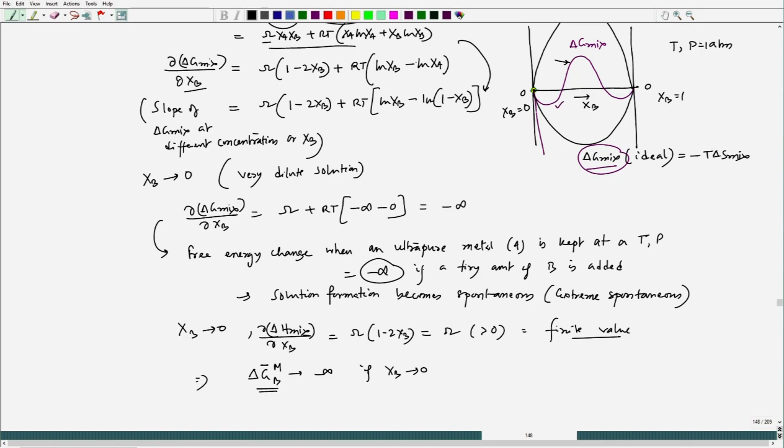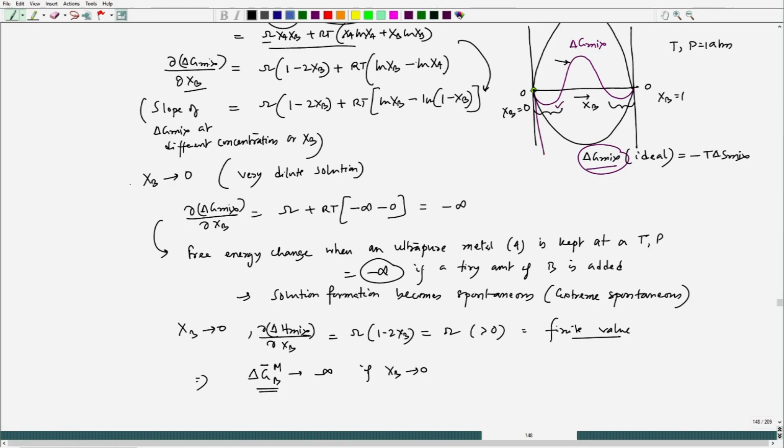And as we have seen before, the homogeneous solution formation ability is decided by the convex downward shape, and here also we see that there is a convex downward shape. Hence, at those two ends there will always be a convex downward shape, followed by a slope change.